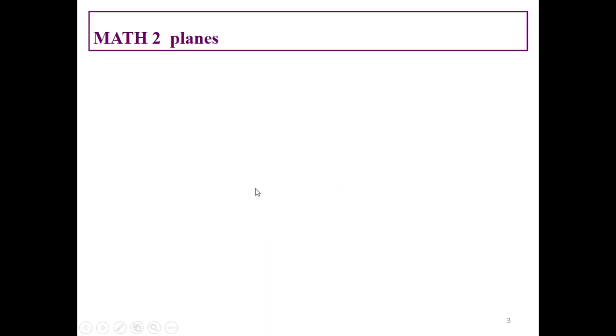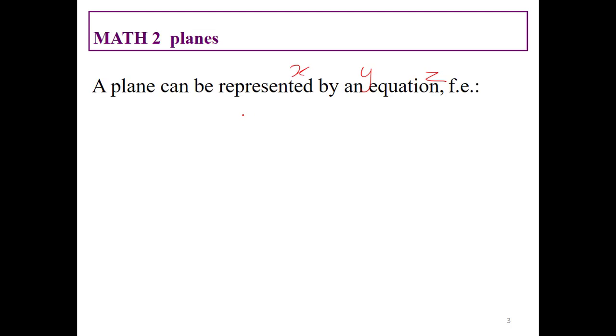In a 3D space, we can also talk about planes. And if we talk about planes, of course, we need three variables, an x, a y, and a z to represent a plane. So for instance, we can have an equation with those three variables. So for example, 3x plus 4y minus 2z equals 5. If we look at this plane, we can figure out some points on the plane.